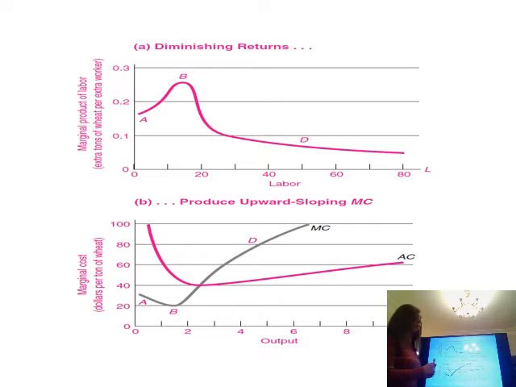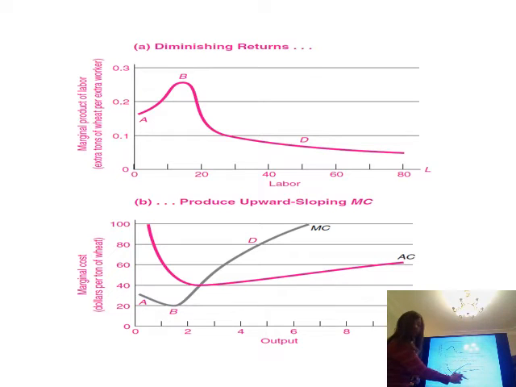Remember again the relationship between marginal and average. Whenever the marginal cost curve is below the average cost curve, the average cost curve is decreasing. Whenever the marginal, which is this region, is above the average cost curve, the average cost curve is increasing. Marginal below average, average is falling.